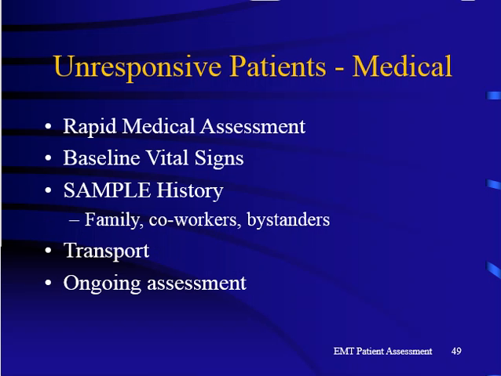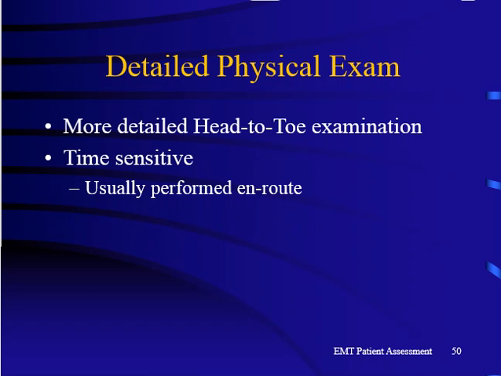And then while you're en route, you're always going to continue to do your ongoing assessment of vital signs and monitoring the patient. A detailed physical exam. When you get into a detailed physical exam, it's going to be a more detailed head-to-toe examination. They're usually time sensitive, and usually they're performed while en route.